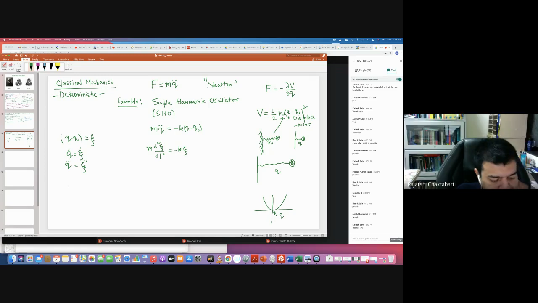I can solve it. What you need to solve is d2 xi by dt square plus k by m xi equals zero. If you solve it, a general solution is given by xi as a function of t. I'm not going to solve it. It is something like a sine omega t plus b cos omega t, where omega is k by m whole to the power of half.